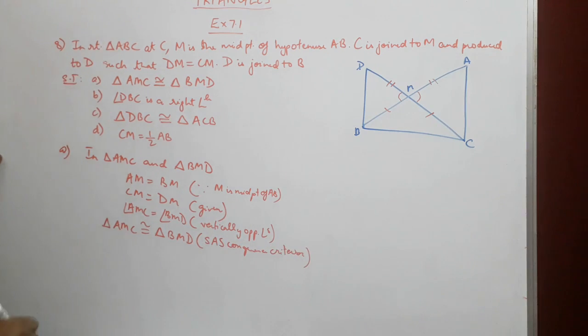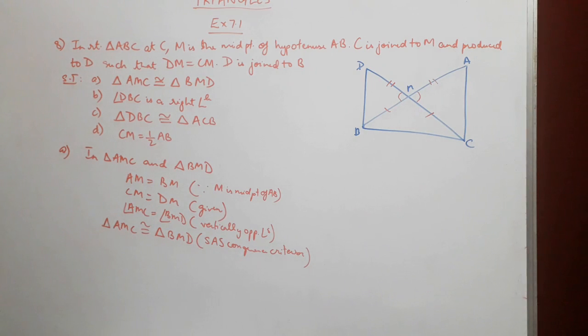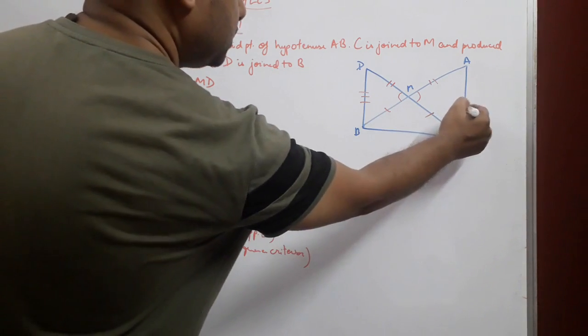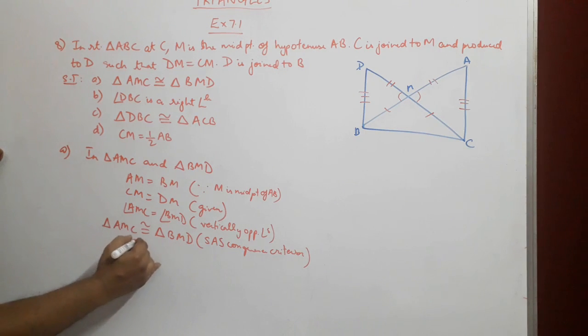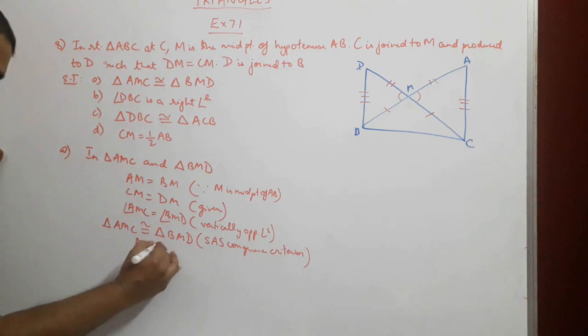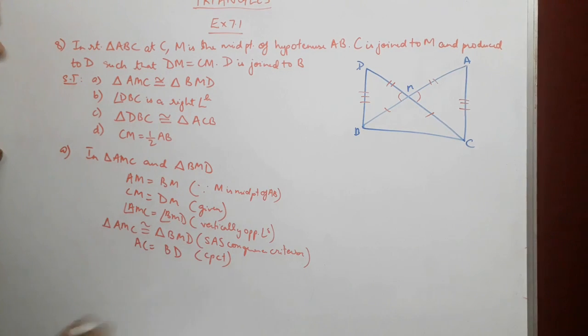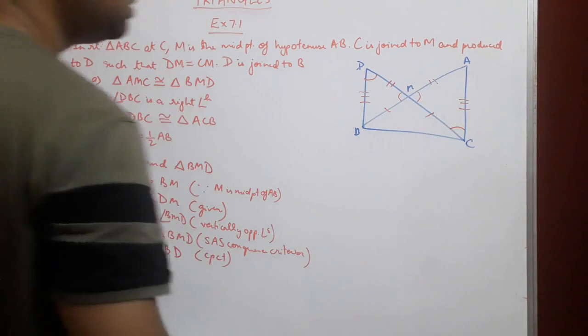Now that we have got these two triangles congruent, we can take two things as CPCT. First of all, we can take this is equal to this. So we write AC is equal to BD, CPCT. And we can also take this angle equal to this angle, CPCT.